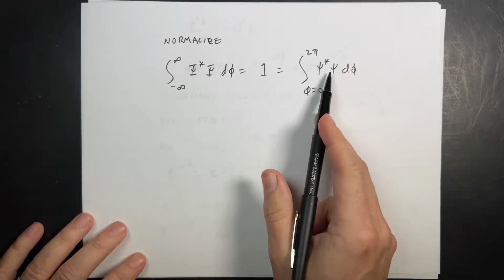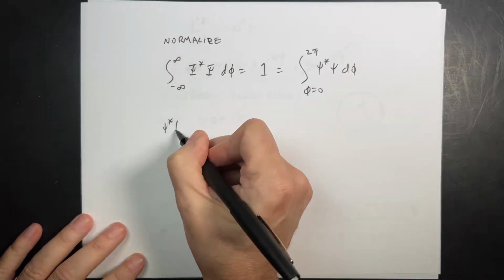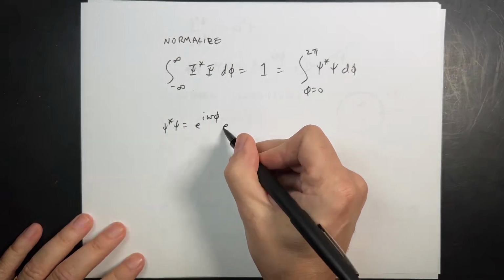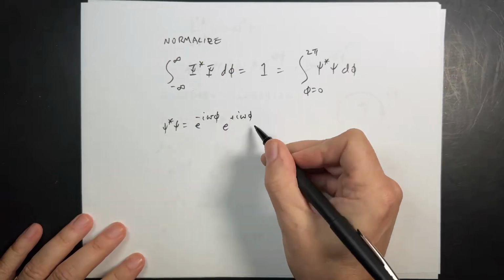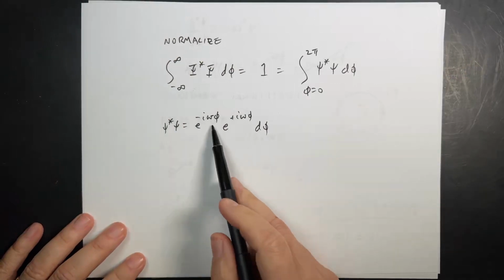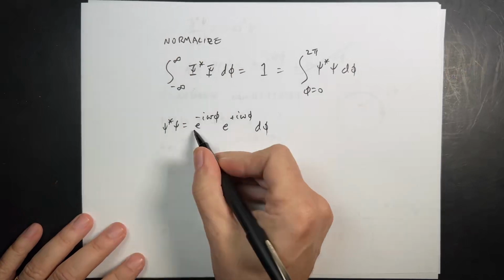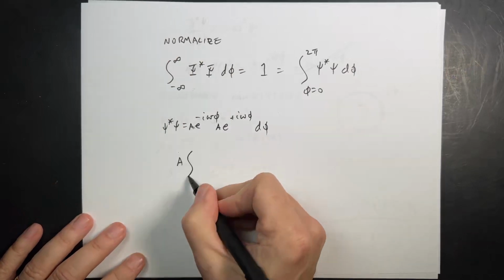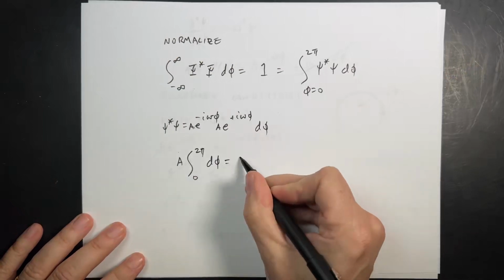So if I write this, psi star psi is going to be e to the I omega phi times e to the minus I omega phi d phi, right? And this is 1, because those cancel. So I get a pretty easy integral. Well, I have an a squared in there, too. So I get a squared times the integral from 0 to 2 pi d phi is equal to 1.